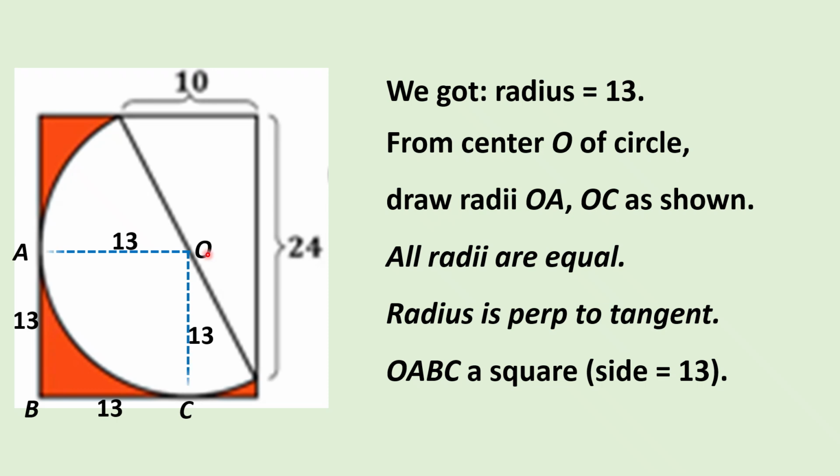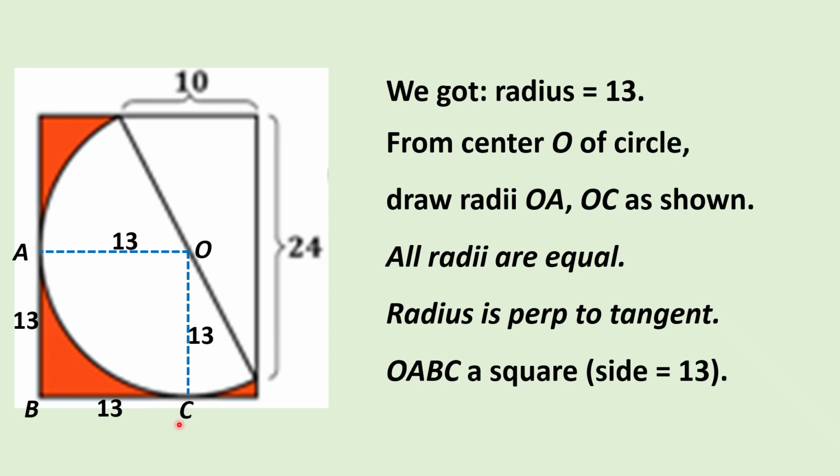Now from center O, draw the horizontal and vertical lines as shown, OA and OC. OABC is a square because the two radii must be equal and radius is always perpendicular to the tangent.